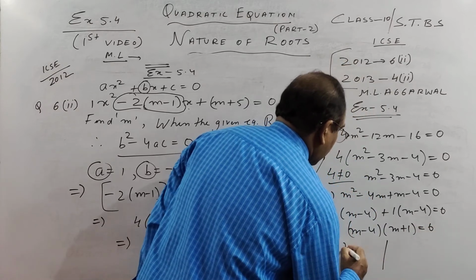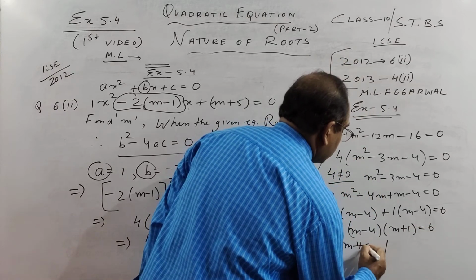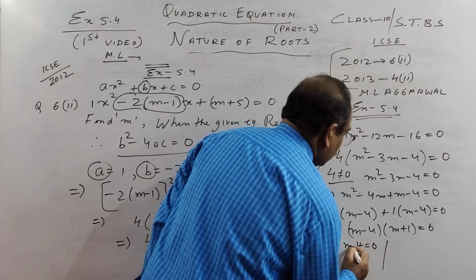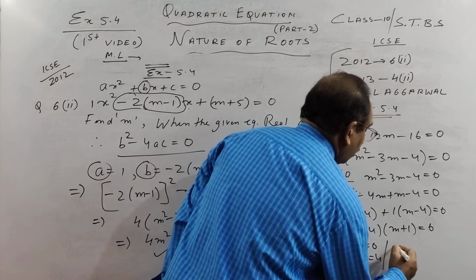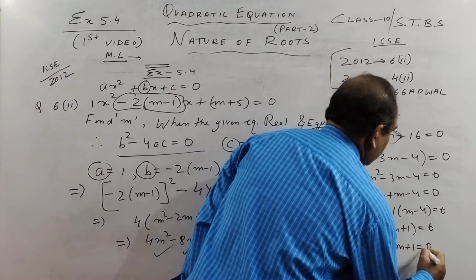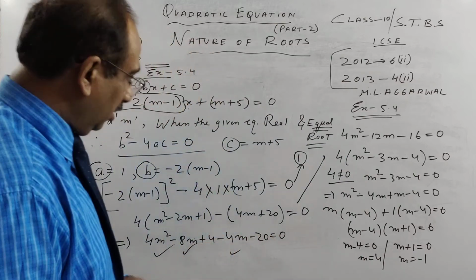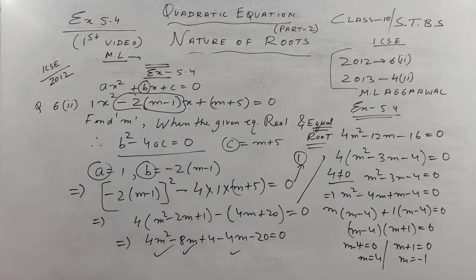So either m minus 4 is 0, so m is 4, or m plus 1 is 0, so m is minus 1. So we get two answers, children. Please copy this here, I'll verify this for you, and I will end this session.